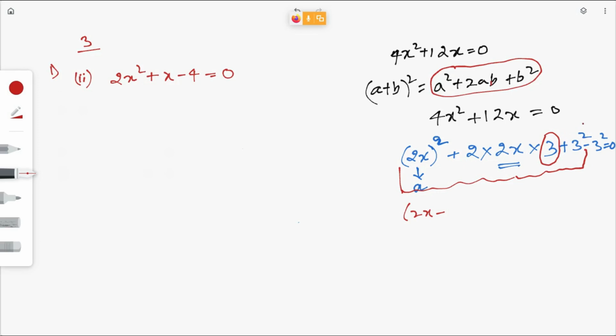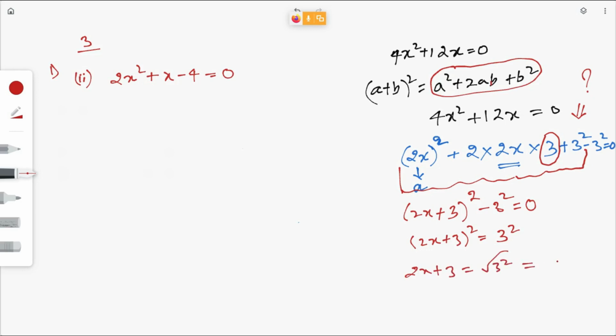Still any confusion here in this step? No, sir. Plus b square minus b square, because b is our 3 here. So 2x plus, what is b? 3 is b. 2x plus b whole square minus 3 square is equal to 0. 2x plus 3 whole square is equal to 3 square. 2x plus 3 is equal to root of 3 square.